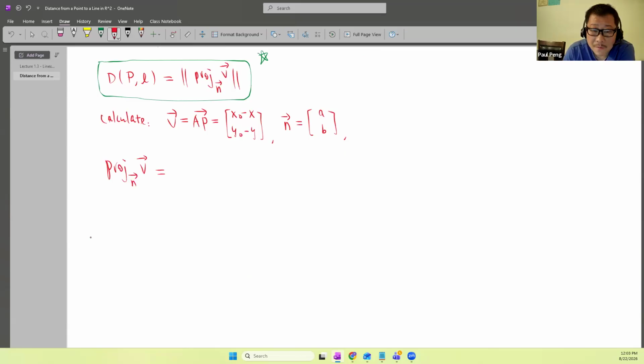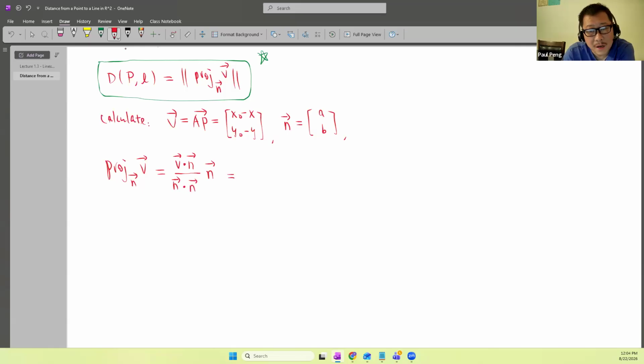We have a formula, if you remember. The projection is a scalar times n, and the coefficient, the scalar, is a fraction. The numerator is v dot n, and the denominator is n dot n.